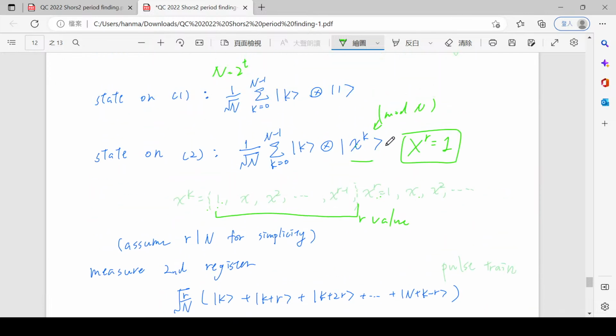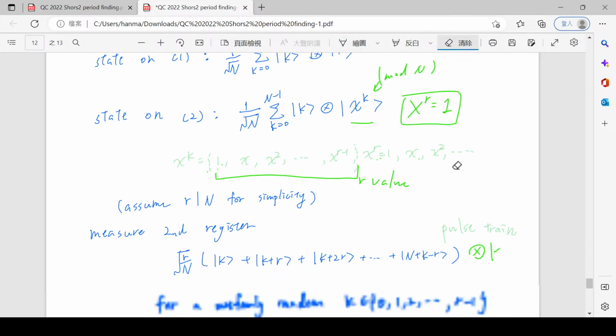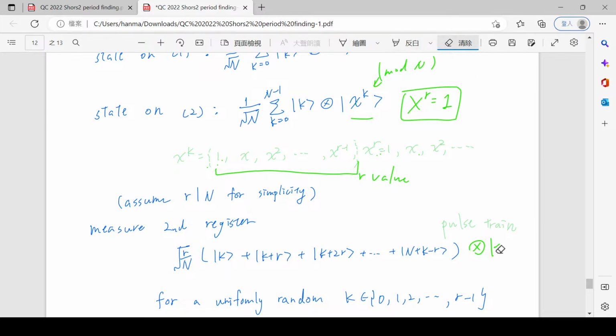And now the question is what's on the first register.